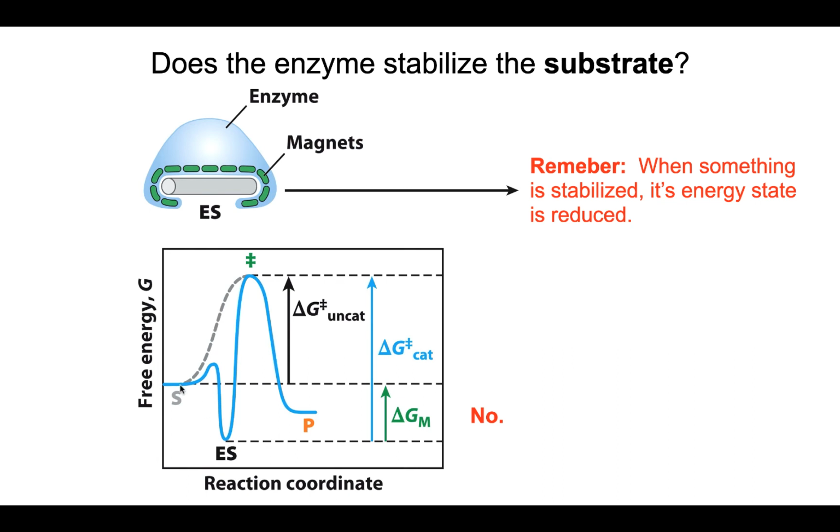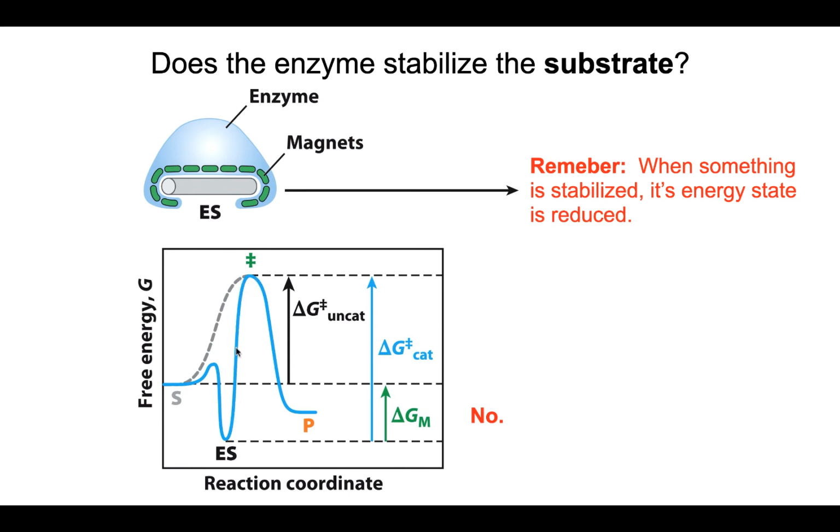So now, okay, great, we bind that metal magnet enzyme that we've made that's stabilizing the substrate. It's lowering the energy of that substrate, and now we have even more energy to get to the transition state.